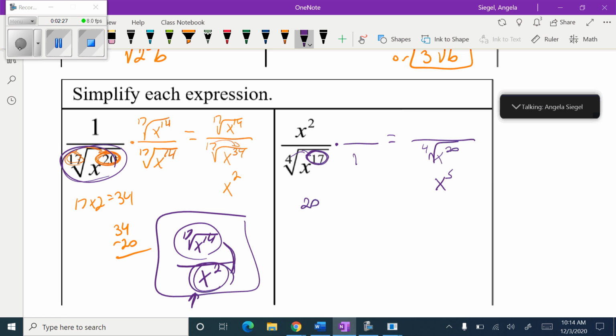Okay, so if my goal is x to the 20th and I have x to the 17th, then I'm going to multiply by the 4th root of x to the 3rd, both the top and bottom.